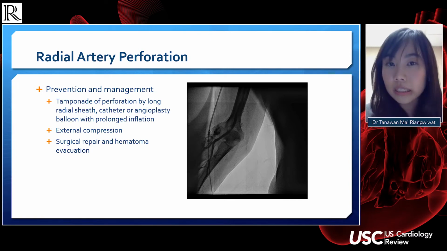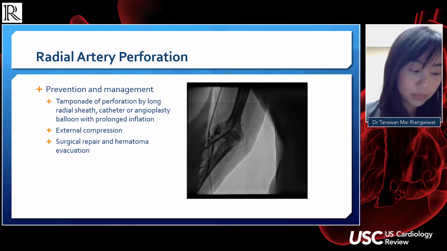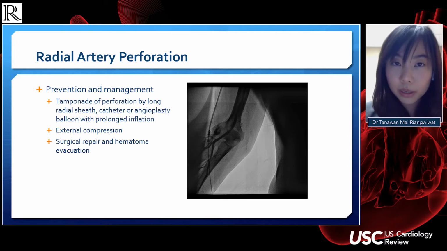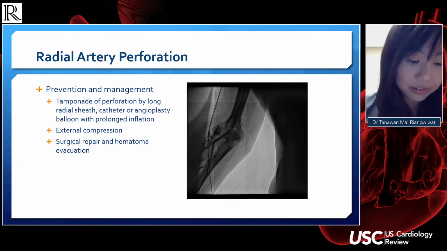You don't have to stop the procedure as long as you can pass the wire proximally safely, and the catheter or the sheath will tamponade it later on. If not, then external compression can be used afterward. And if it's not getting better, then be aware that you might need a surgical repair and hematoma evacuation later.